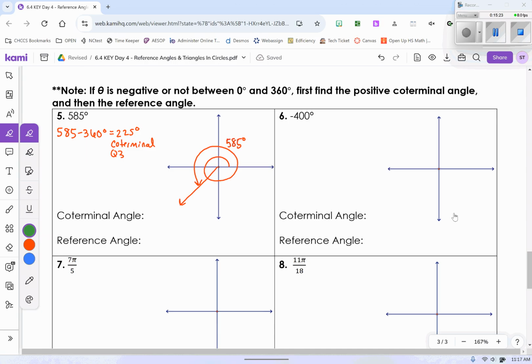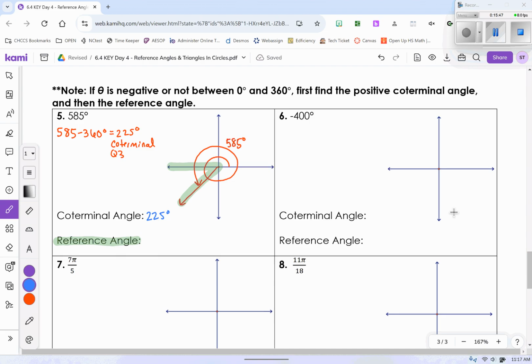But we want the reference angle. So the coterminal angle we just found was, let's write that down, 225 degrees. So the reference angle is going to be this angle right here. So to find the angle, since we're in quadrant 3, we're going to take the given angle that was in between 0 and 360.